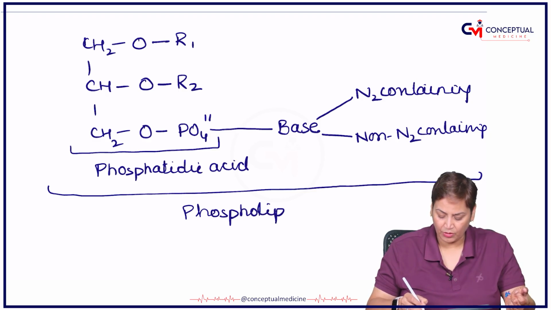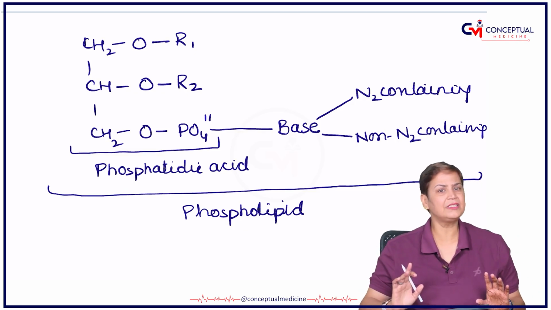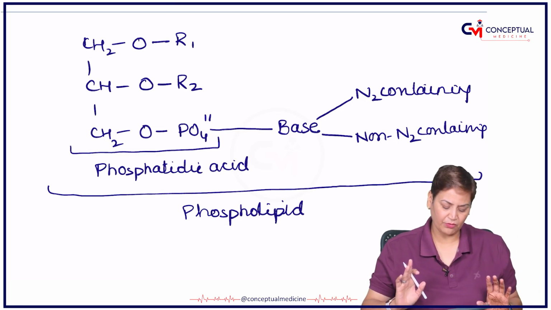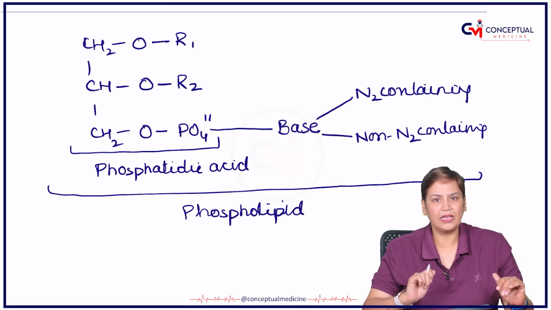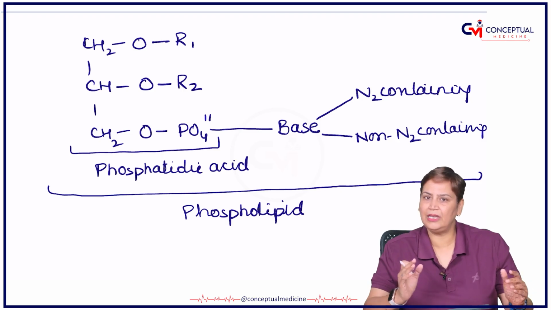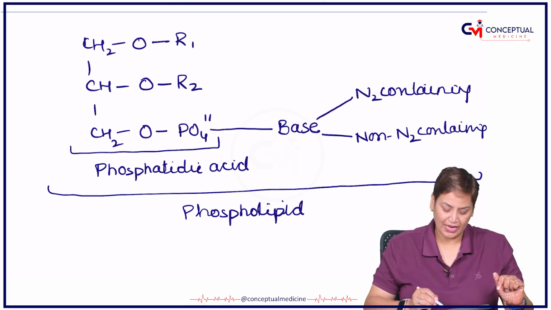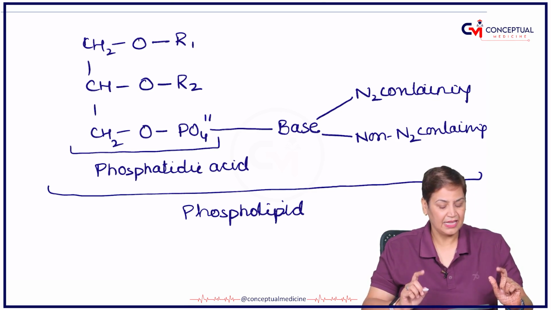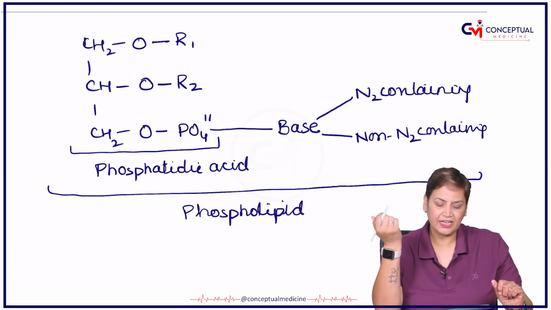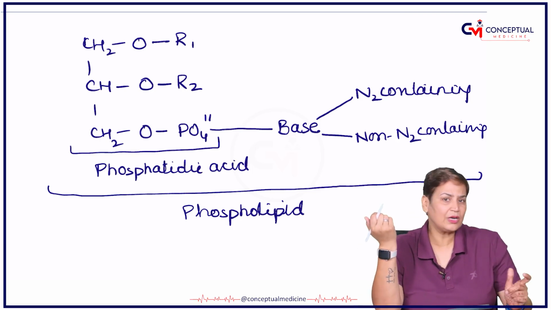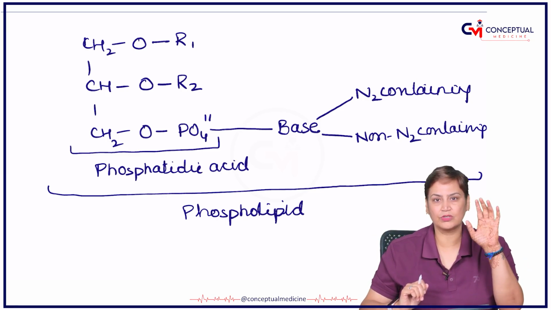This is very important to understand. First of all, what is a lipid? Lipid is simply a triester of fatty acid and glycerol. If we are talking about a phospholipid, the lipid will always be there. Along with the lipid, when a phosphate is attached, it will be known as phosphatidic acid. And when this phosphatidic acid is attached to a base, whether or not it has nitrogen in it, overall it will be known as a phospholipid.